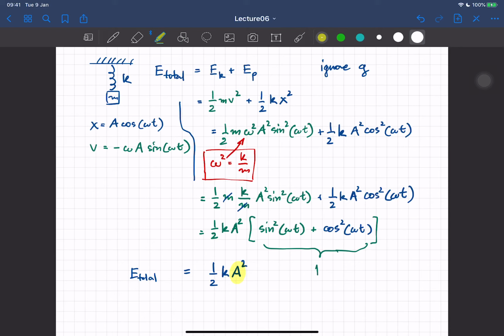If you increase the amplitude, you're putting more energy into the system. But changing the amplitude does not change the frequency of the oscillation. So the frequency of the oscillation is independent of the amplitude, which is a very important property of simple harmonic motion.